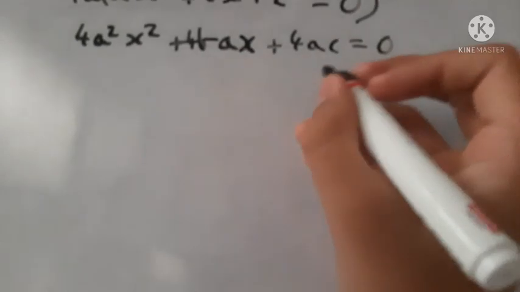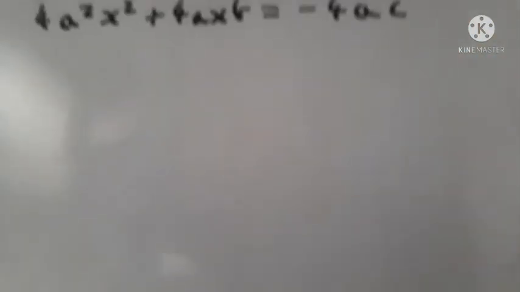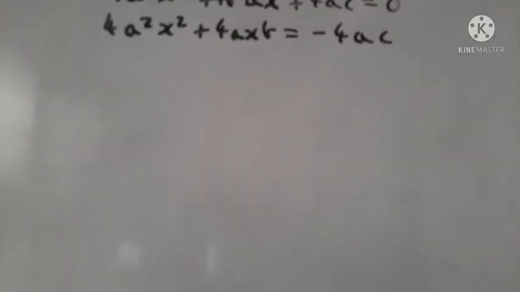Now we'll move this to the right hand side: 4a squared x squared plus 4abx equals minus 4ac. Let's recognize something here.